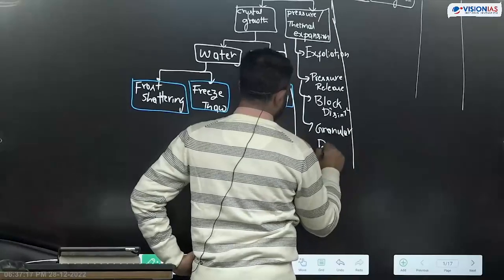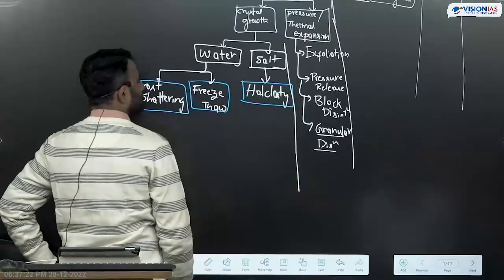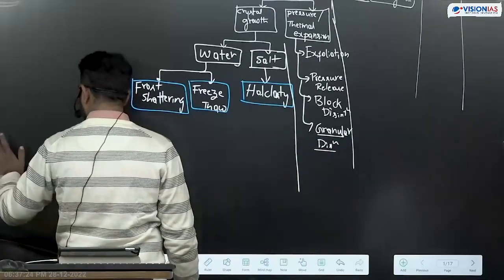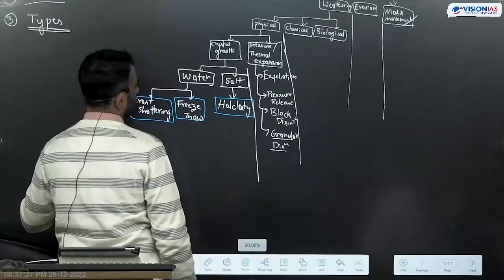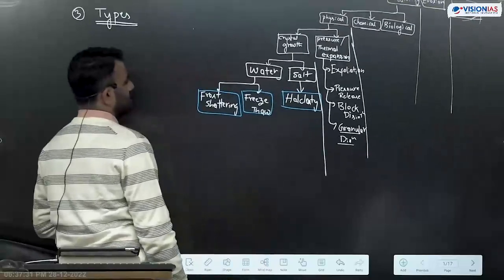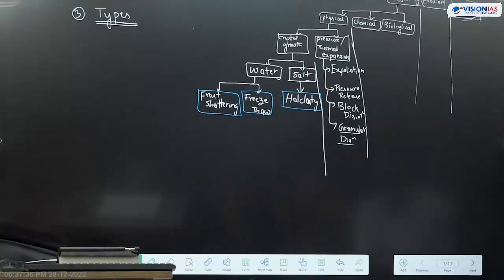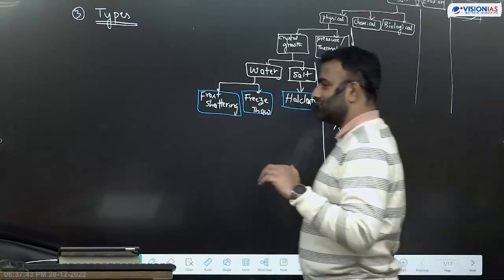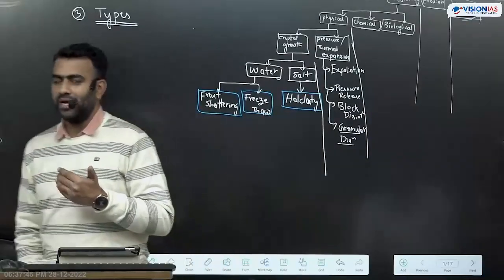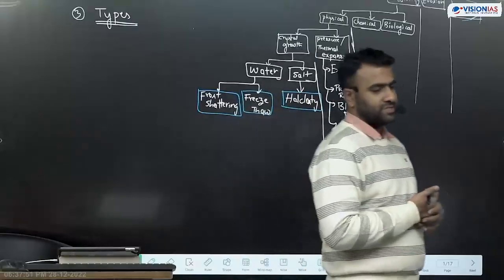Fourth, granular disintegration. See, physical breakdown can happen majorly due to the growth of crystals or due to the changes in temperature and pressure. The temperature and pressure changes can also exert physical pressure and cause the breakdown of rocks. So all of these are due to the changes in temperature and pressure.